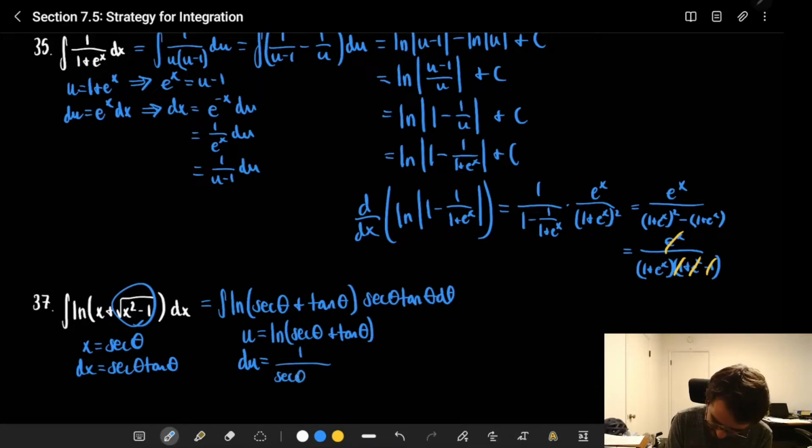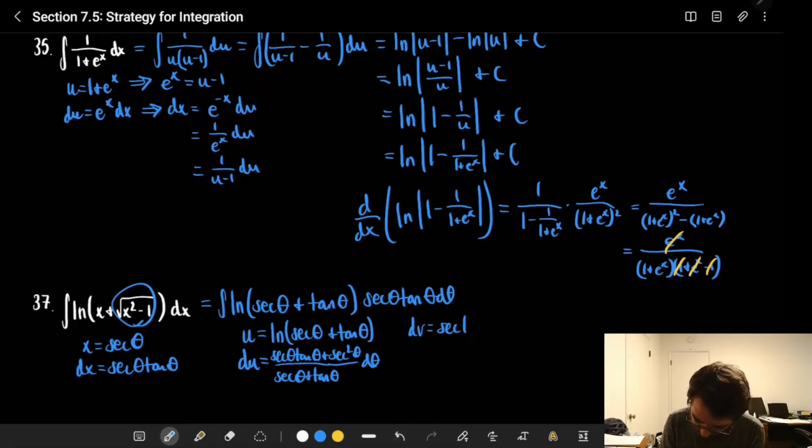It's going to be ugly. 1 over that thing times derivative of that thing, using chain rule. Derivative of secant is secant tangent. Derivative of tangent is just secant squared. Actually, no, I can't simplify that. That's fine. I can almost do it. I don't think this is going to work, but whatever. Because I'd have to integrate that.